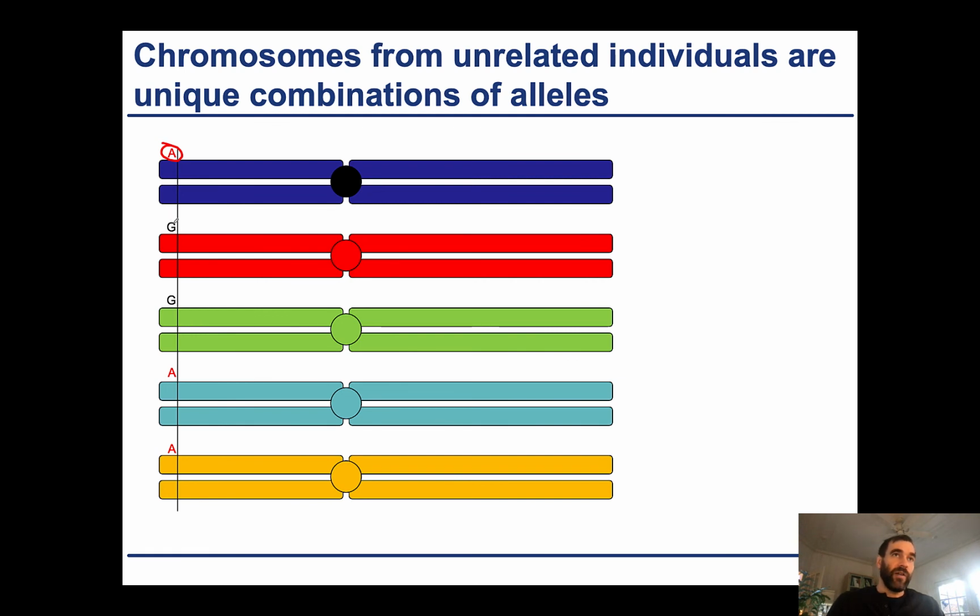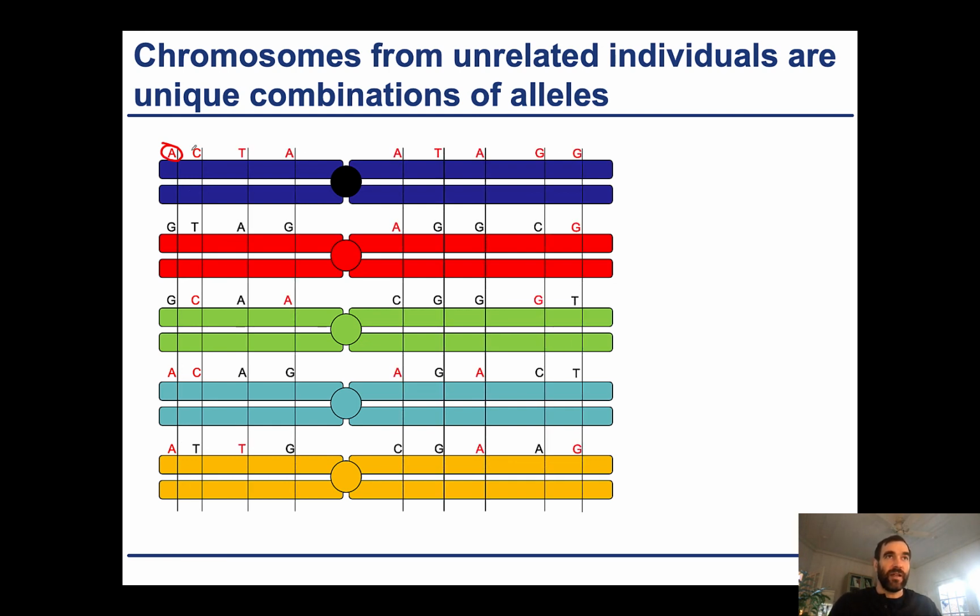If we look at our mother's, for example, her chromosome matches the reference. Then if you look at a friend in the room, one of their chromosomes matches the reference, and one of them is the alternative allele. And then if you look at a fifth one, this would be A. We can go through and do this for the entire chromosome and identify all of the differences.